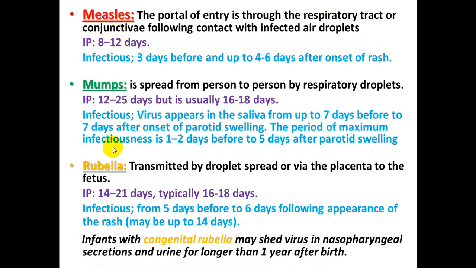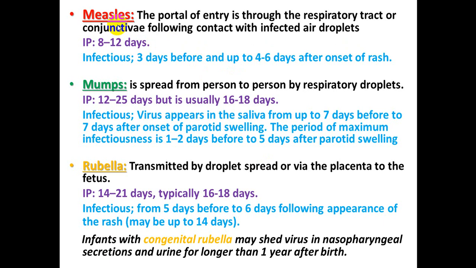Regarding the portal of entry, all these three diseases, measles, mumps, and rubella, are acquired through the respiratory system by contact with infected air droplets. So measles enters through the respiratory tract by contact with infected respiratory droplets, mumps spreads from person to person by contact with respiratory droplets, and rubella is also transmitted by infected respiratory droplets.